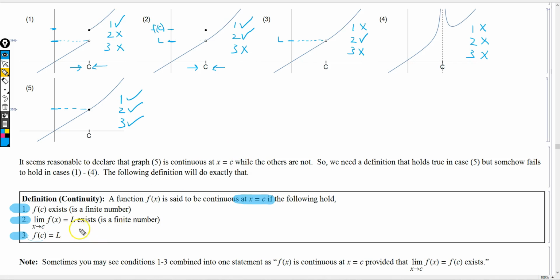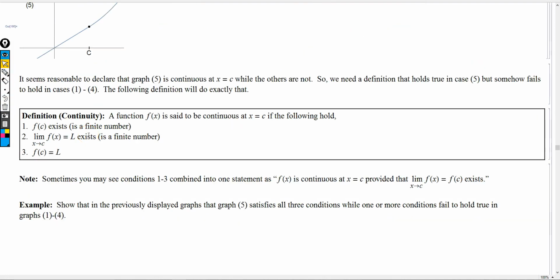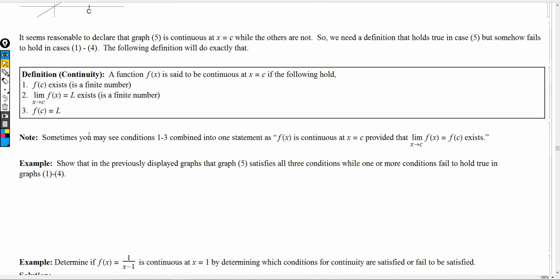Okay, so this is our definition now. Let's take a look at some examples, how we work with it. Now, notice this one thing here. Sometimes you'll see conditions 1 through 3 combined into a single statement, where we say f of x is continuous at x equaling c, provided that the limit as x approaches c of f of x equals f of c exists.